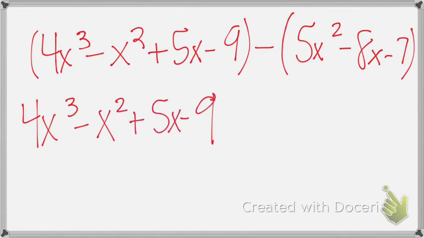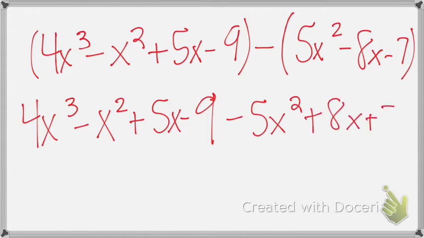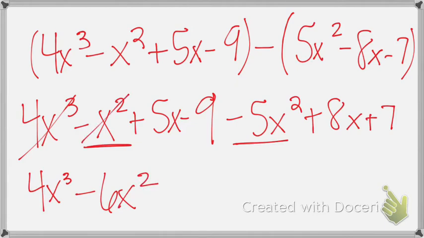Then, what'd you make the 5? You made it negative, and everything else needed to change, yep. All right, do we have another 4x cubed or another x cubed anywhere? Nope, let's just bring it down. All right, then negative x squared and negative 5x squared, which makes a negative 6x squared, good.